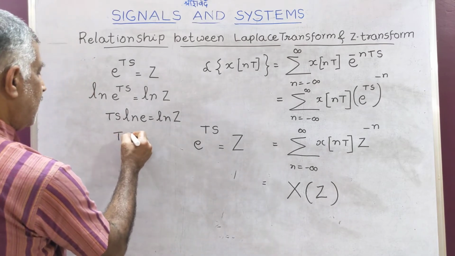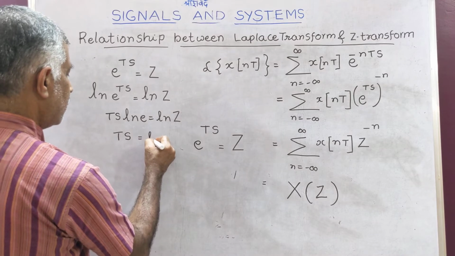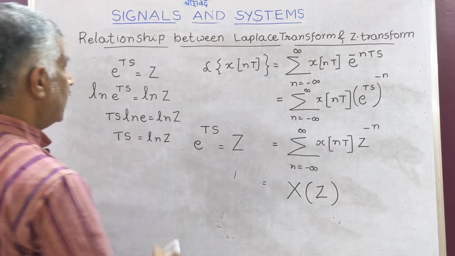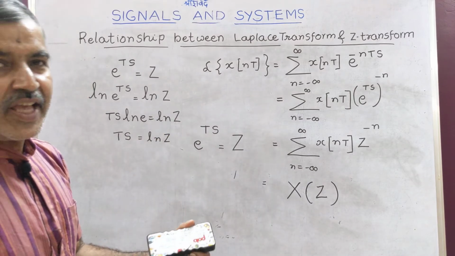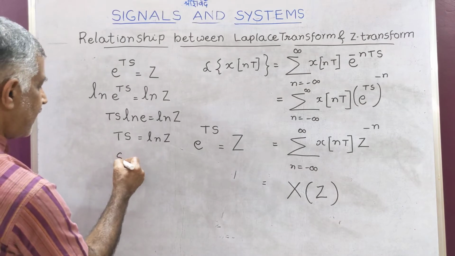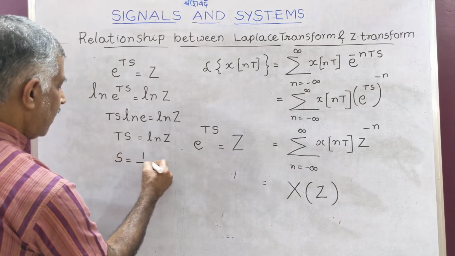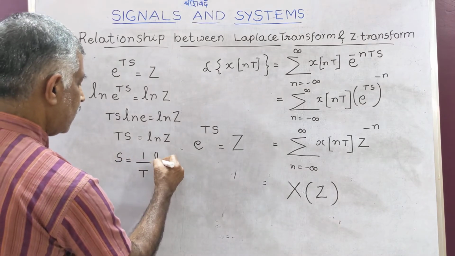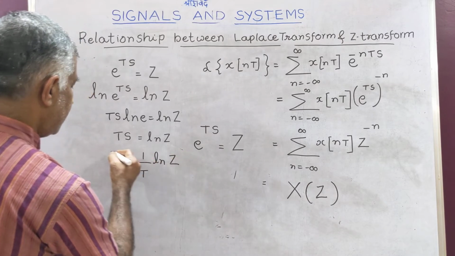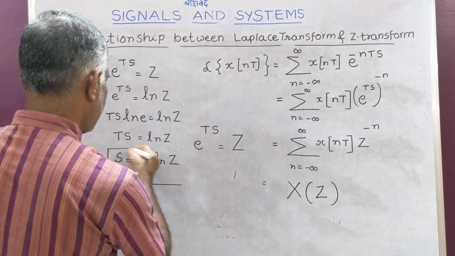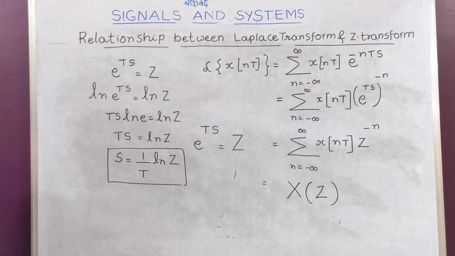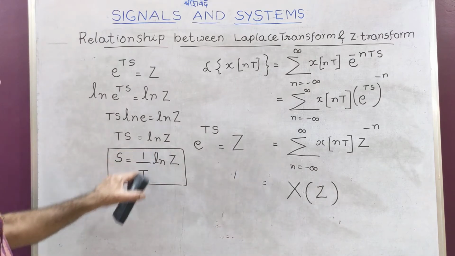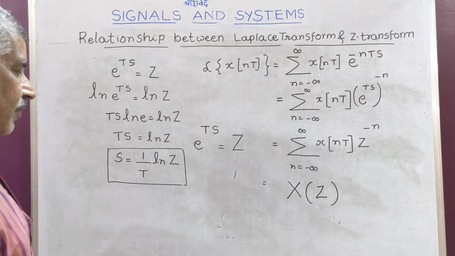Therefore, sT is equal to ln z. Therefore, the relationship between s and z is s equal to 1 by T ln z. This is the relationship between s and z.